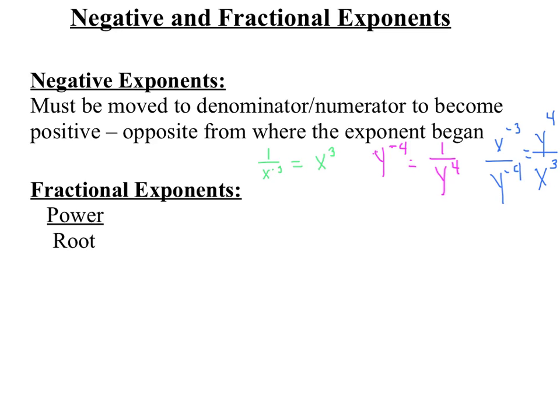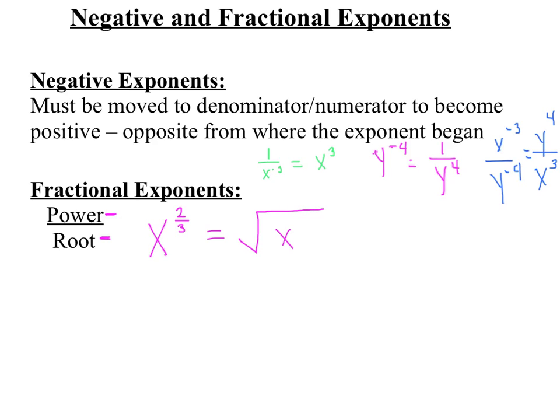Fractional exponents. An exponent that's a fraction, if I had x to the 2/3, the numerator in my fraction is my power number. Power is your exponent. The denominator is your root number. So if I were to rewrite it as a root, remember, you're used to square roots.